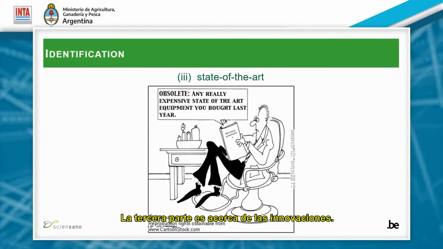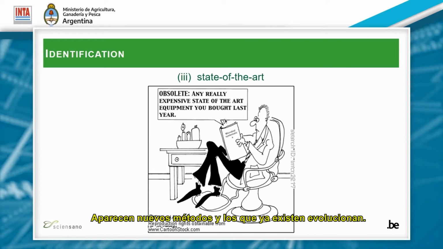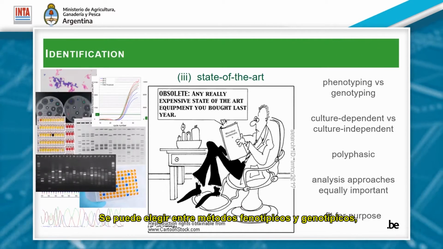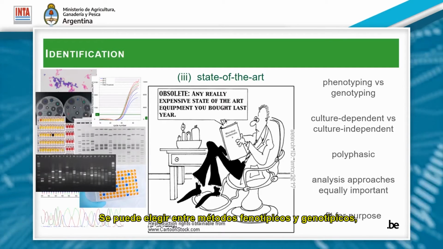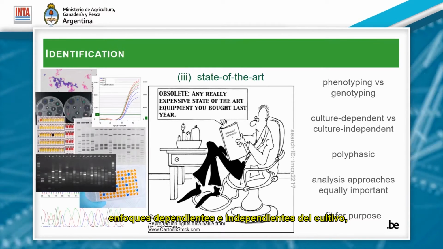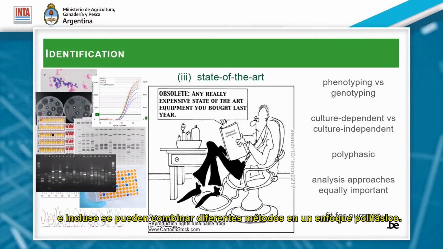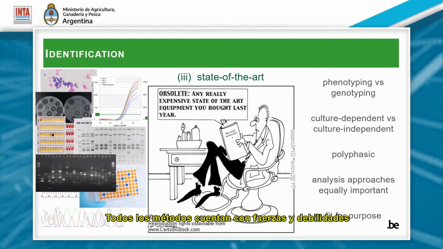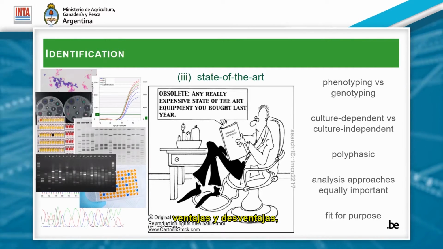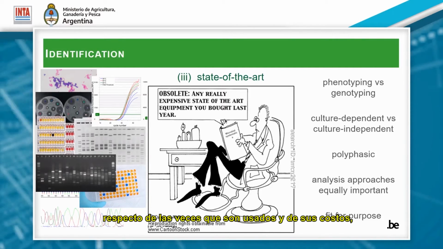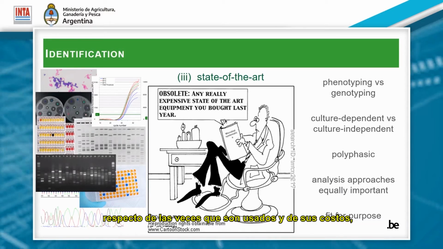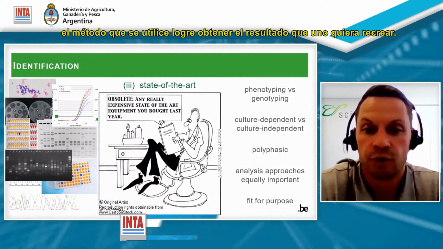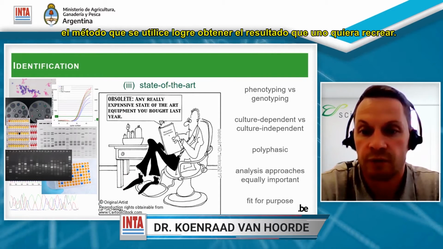The third element is the state of the art. New methods arise, existing ones evolve. We can choose between phenotyping and genotyping methods, culture-dependent or independent approaches. We can even combine multiple methods in a polyphasic approach. All methods, they have their strengths and weaknesses, their advantages and disadvantages, on the level of time, ease of use, costs. But the most important, at the end, the method of choice should deliver the output you want to work with.